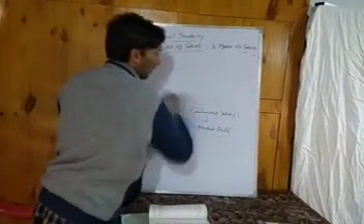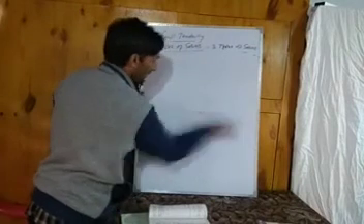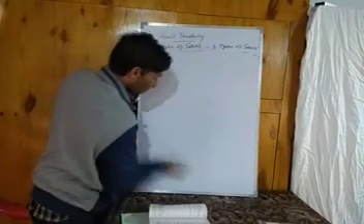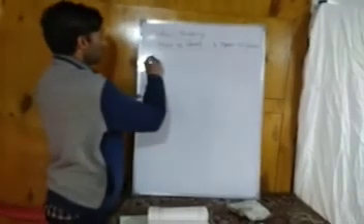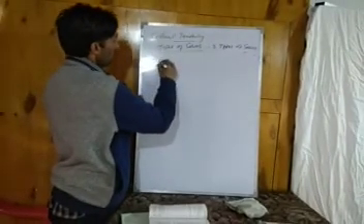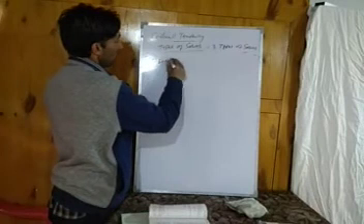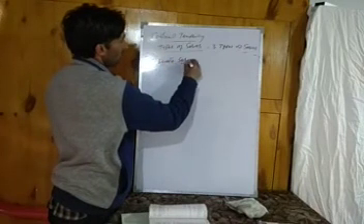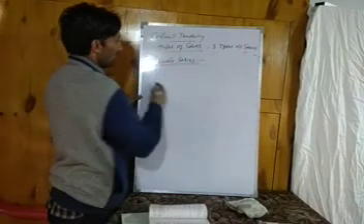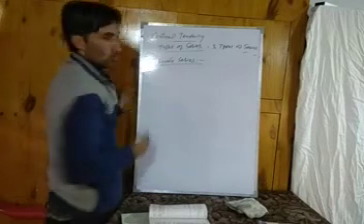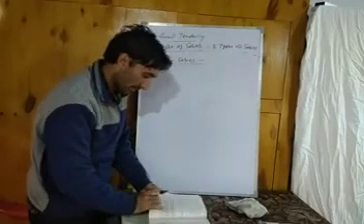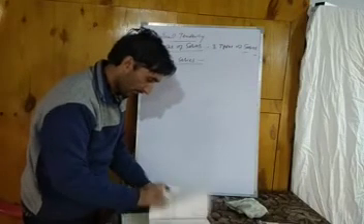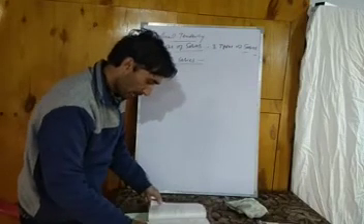First we must know the formulas. Then we have the discrete series. If our series is in the form of discrete series, how to calculate the mean? It also has three methods.